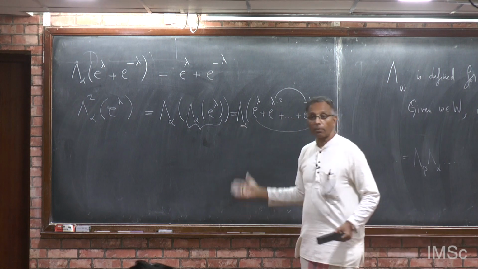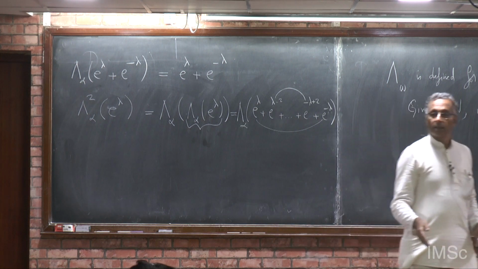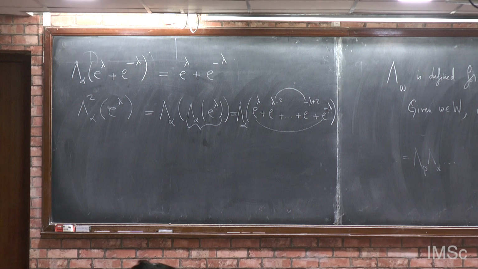I can take this, apply it to a path, and then send it to the other side, or I send it to the other side and then apply the operator. It will commute with the De Mazur operators, this restriction, this map where I send the paths to the endpoints. Right, that will be a property.